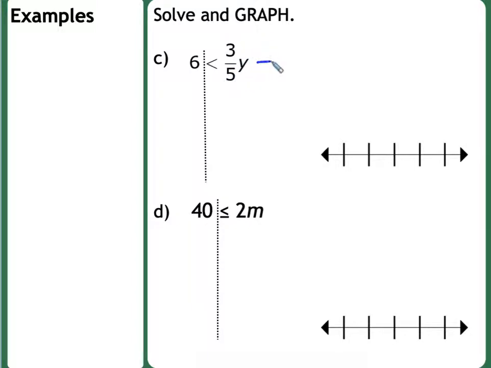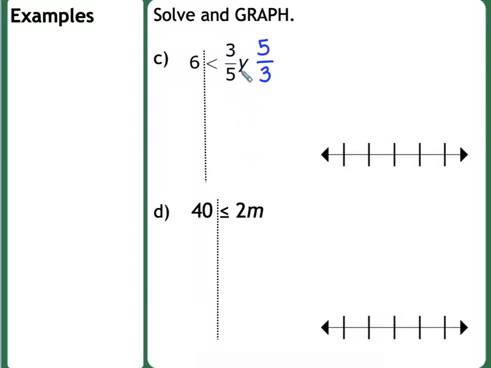Well, we multiply by 5. Whoops. I put it in the wrong spot. So we multiply by 5. All right. Now usually we put this over 1, but we also have to take care of this multiplying by 3. So since we're multiplying by 3, we need to divide by 3.